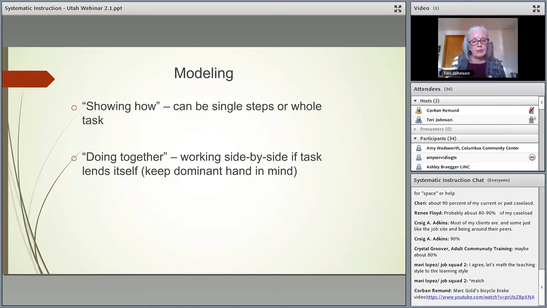Another approach is actually doing it at the same time, doing it together, working side by side if a task lends itself to that. You always want to be thinking about dominant hand. I'm right hand dominant. One of the things I'm always watching for if I'm doing really close teaching with someone is establishing what seems to be their dominant hand, so that I'm not unintentionally teaching them to use their non-dominant hand.